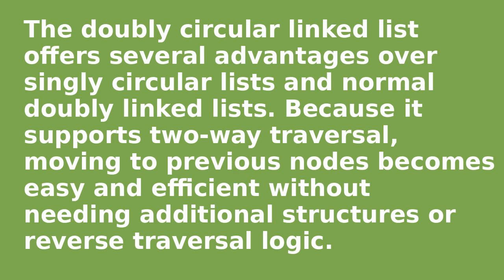The doubly circular linked list offers several advantages over singly circular lists and normal doubly linked lists, because it supports two-way traversal. Moving to previous nodes becomes easy and efficient without needing additional structures or reverse traversal logic.